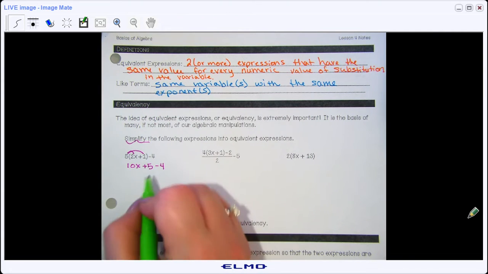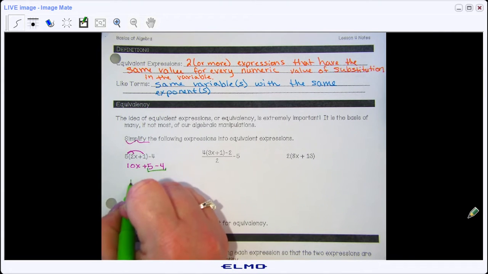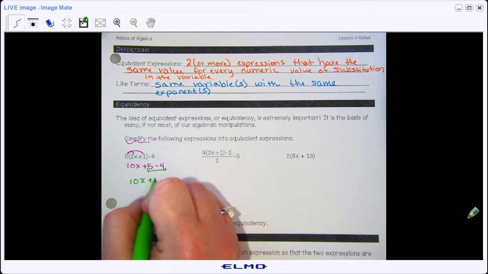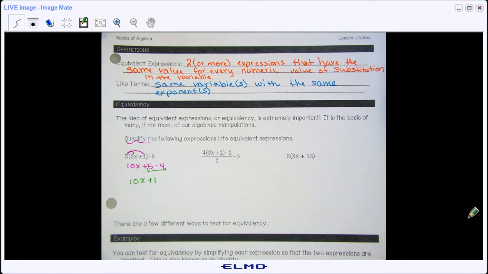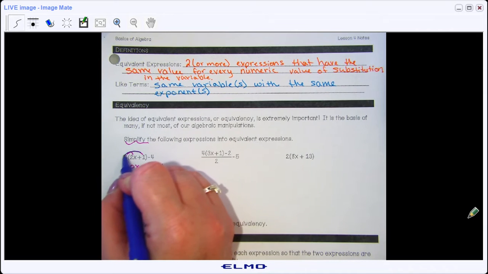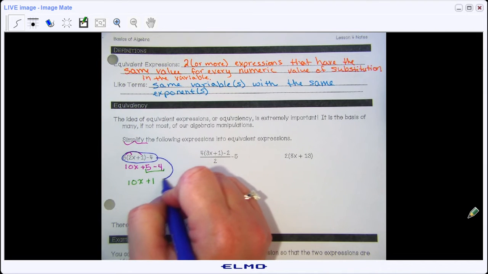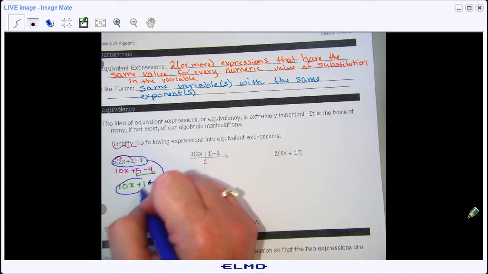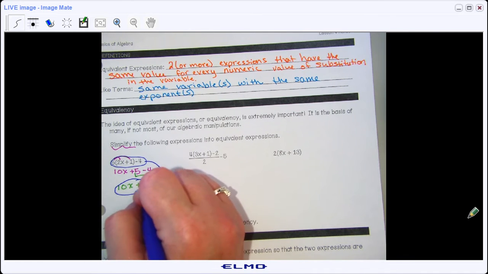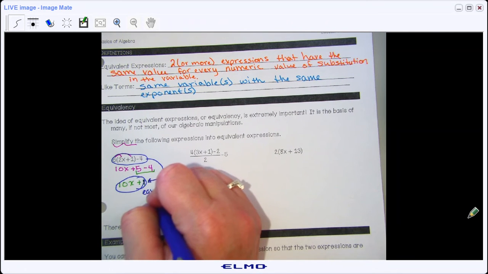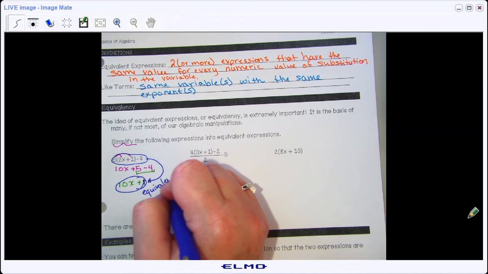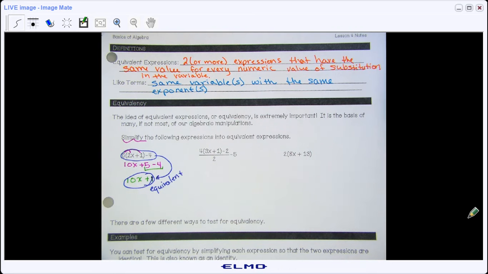And then I'm going to do the 5 minus 4 because those are like terms. So that's going to give me a 1. So now this expression that I began with and this expression here, those are equivalent. So when I simplify an expression, it gives me an equivalent expression.